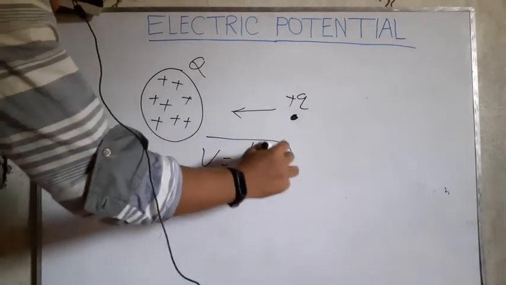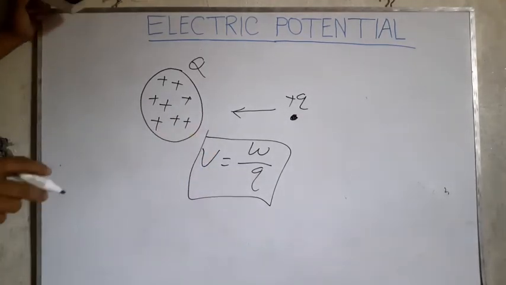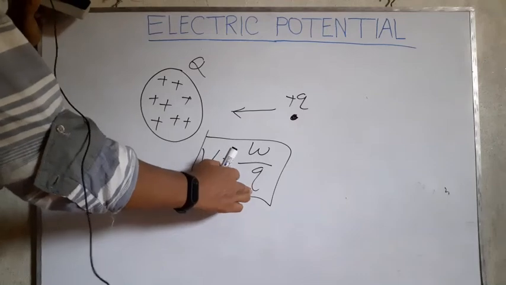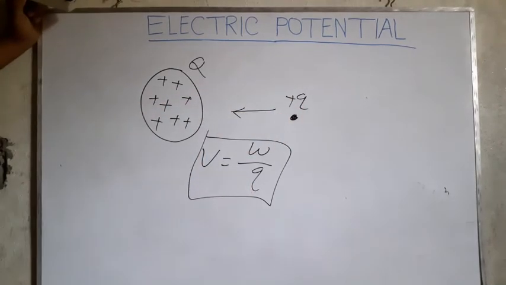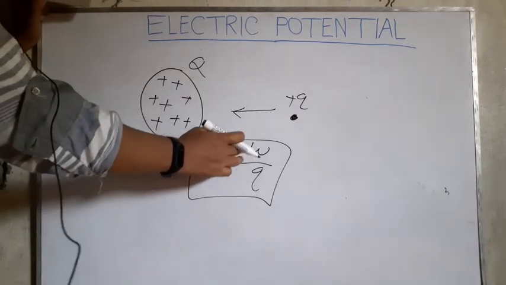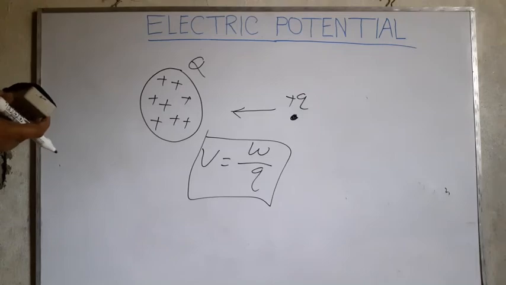This is the electric potential. If W amount of work is done to bring a q charge from infinity to a point in an electric field, then the potential of that point will be V is equal to W divided by q.